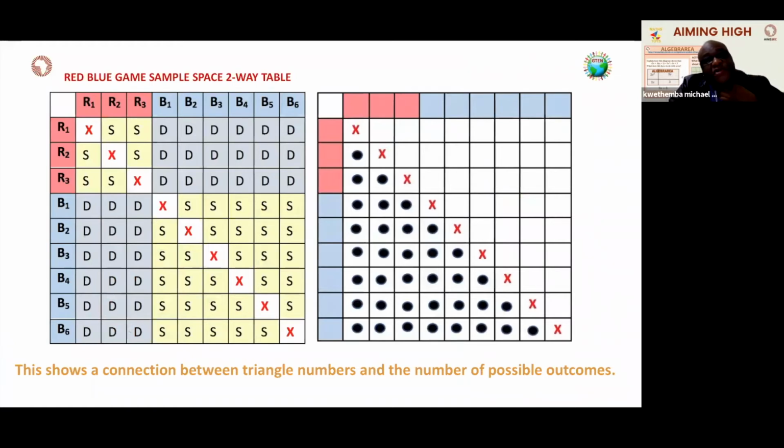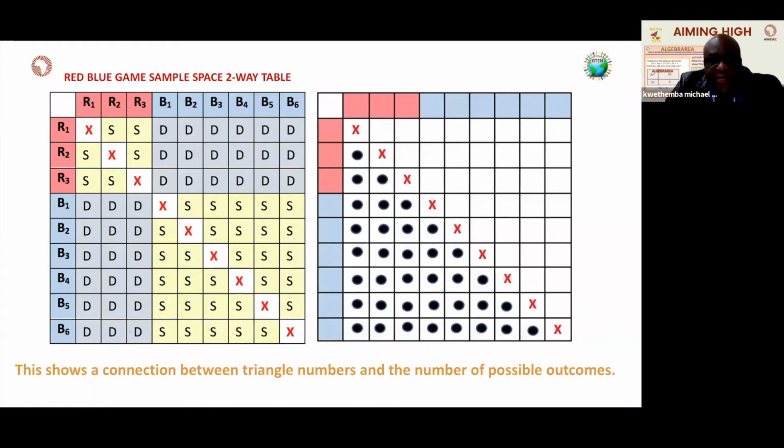Right, you can see from the red-blue game sample space, if we look closely at the contents of the small squares within the sample space on the left diagram, for example, if we remove those S's and D's and so forth, and replace them with dots, as you can see on the right-hand side, the shape or structure which you obtain from those dots is actually a triangular shape.